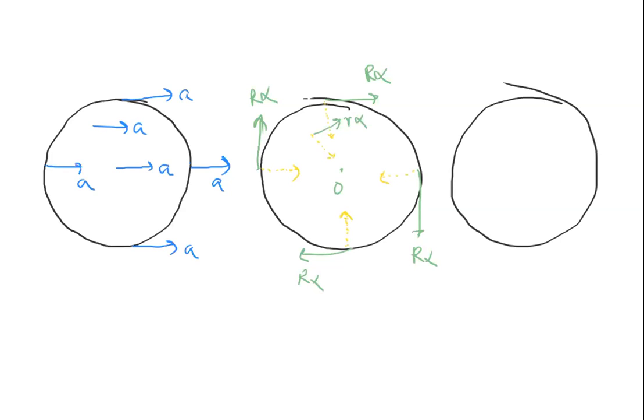So the net acceleration of this point is A plus r alpha. Now I'm going to neglect the centripetal and write A plus r alpha here, although there is definitely a centripetal acceleration here as well.